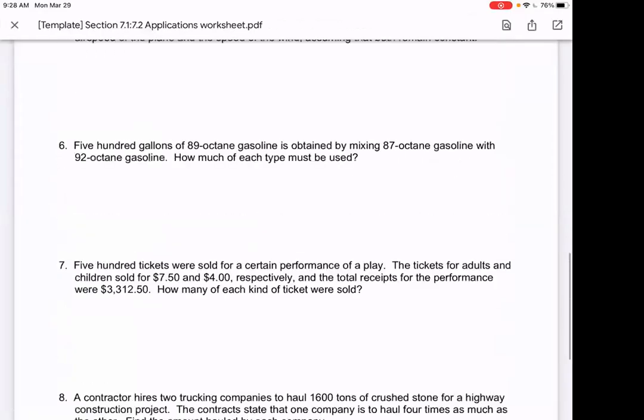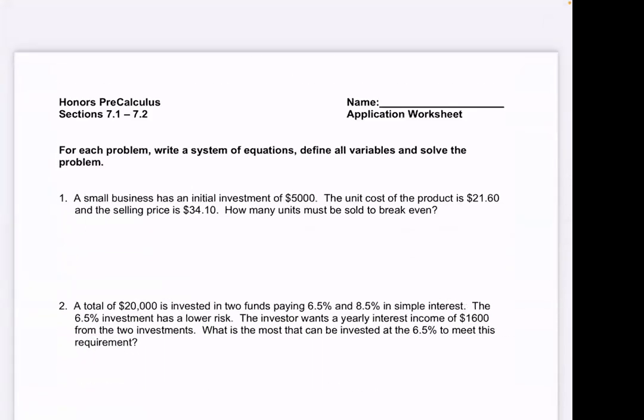Yes, so there are 8 problems on here. For each problem, a system of equations. So that means you need 2 equations for each problem. And then it says to make sure you define the variables and actually solve the problem.